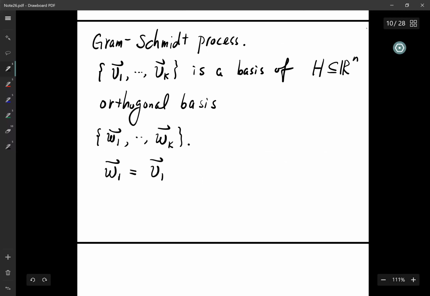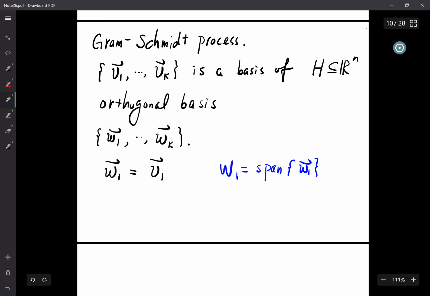It's a very simple procedure. The first vector W1, I can just take to be V1. There's no problem with that. And now I define a subspace capital W1 to be the span of W1.